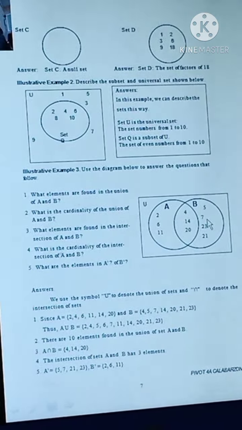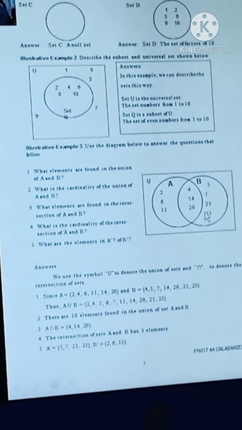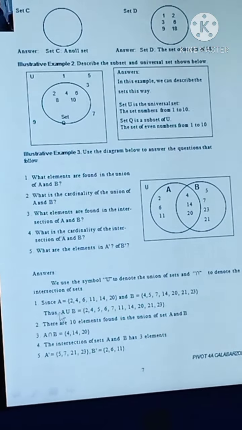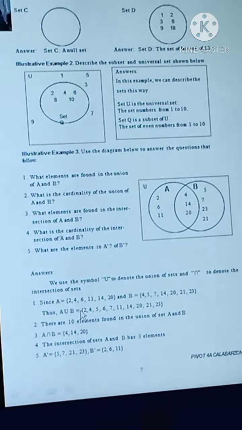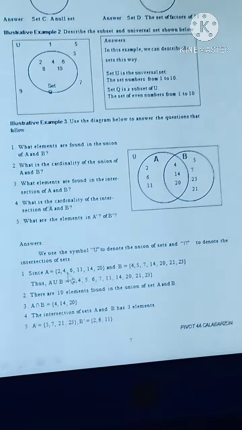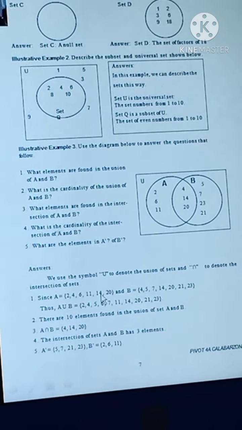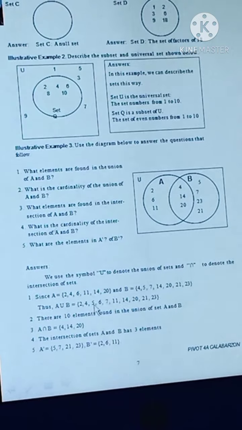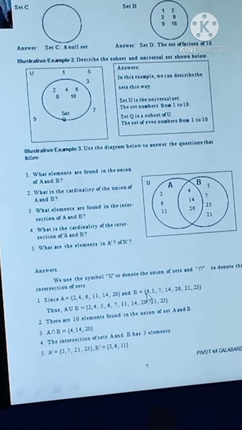B, you will have 4, 5, 7, 14, 20, 21, and 23. Thus, therefore, A union B is equal to, so you list all the numbers or the elements found in A, then also in B.